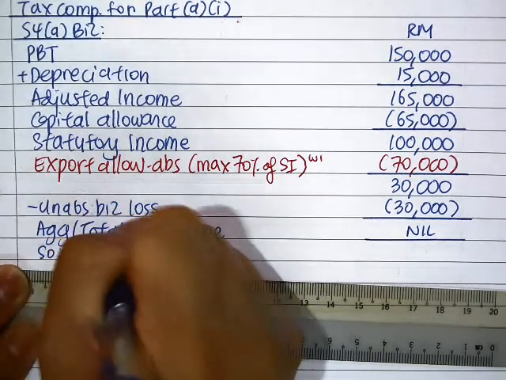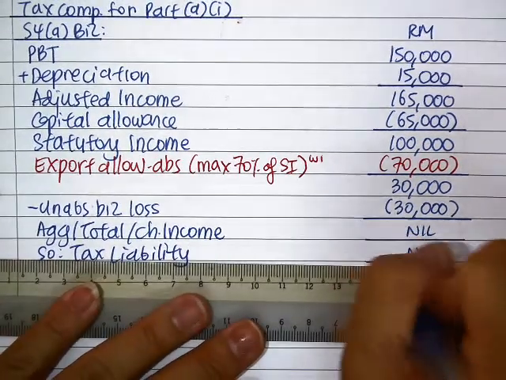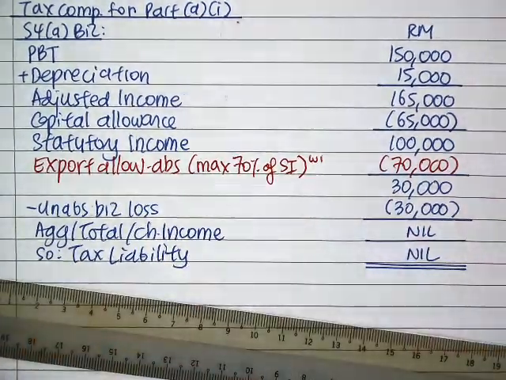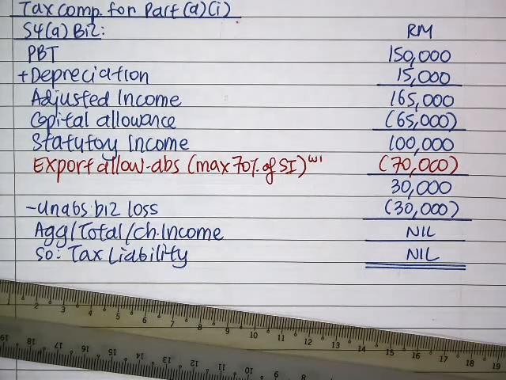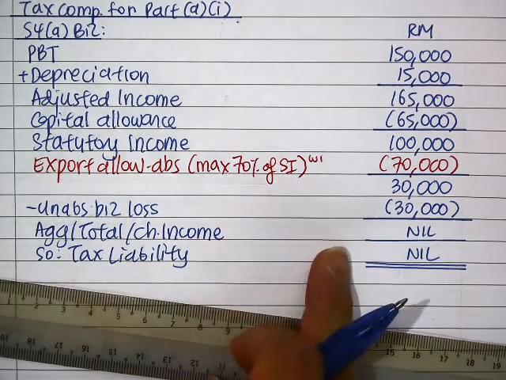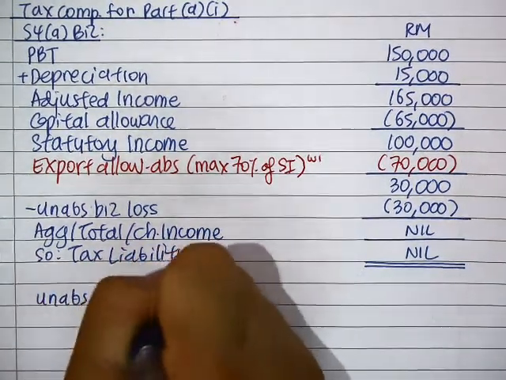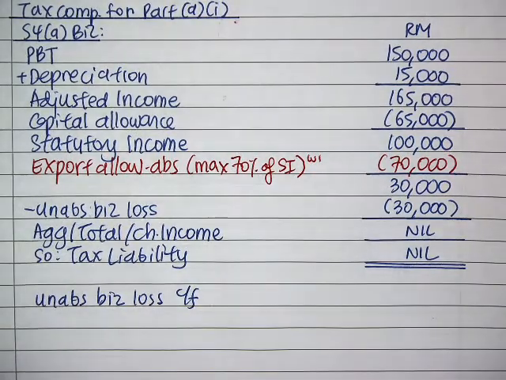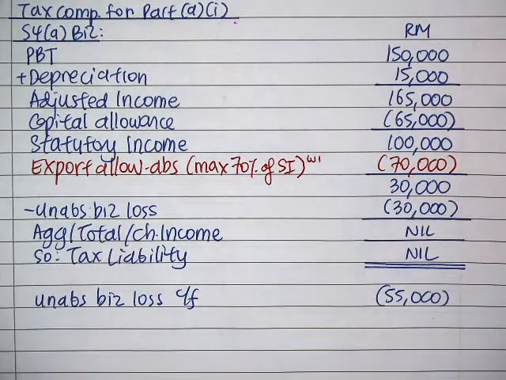So the tax liability is nil. You make sure you don't just put income nil and stop there, right? They ask you to compute the tax, there's no tax. So what will happen to these losses? You carry forward the 85,000 minus 30, 55,000.